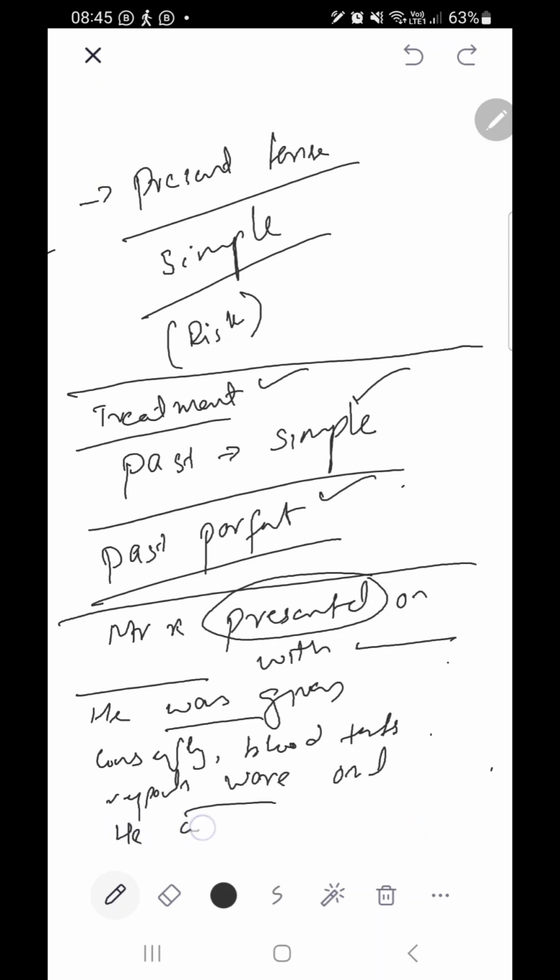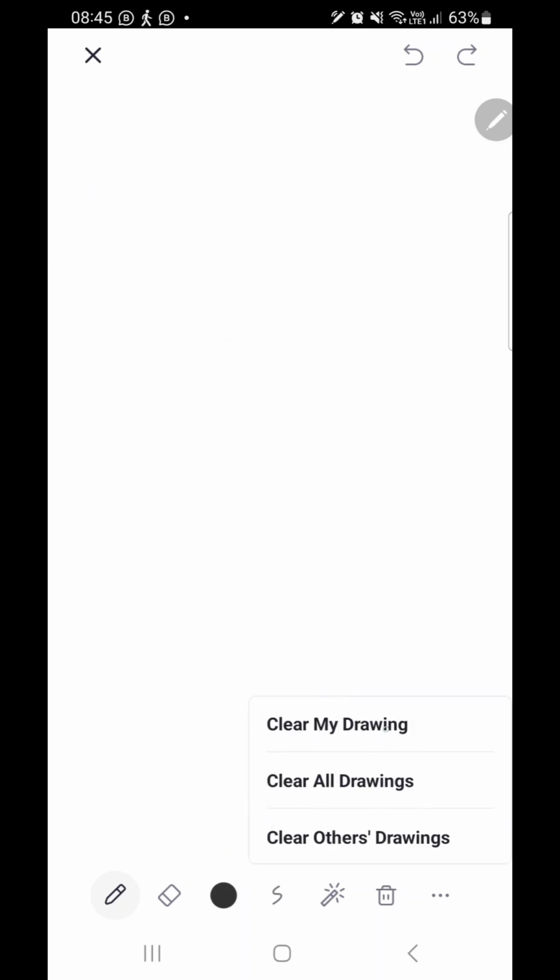If we have management, he was advised. You can use the past simple tense. Okay. Or let's say if we have the treatment, let's say you started the treatment, for example paracetamol, or maybe any medicine, XYZ medicine was prescribed.